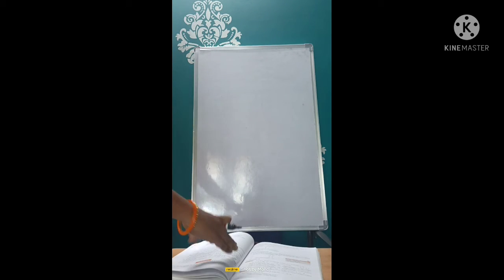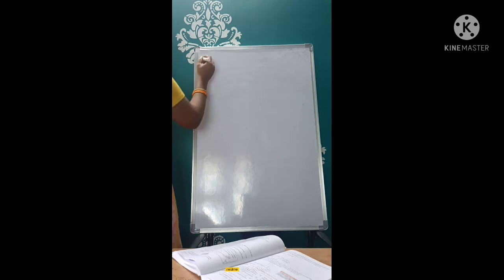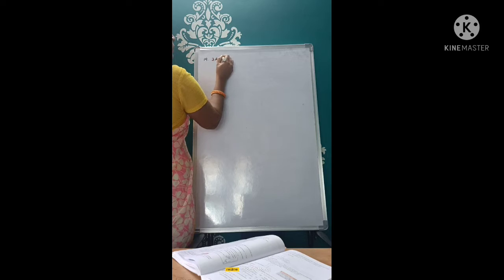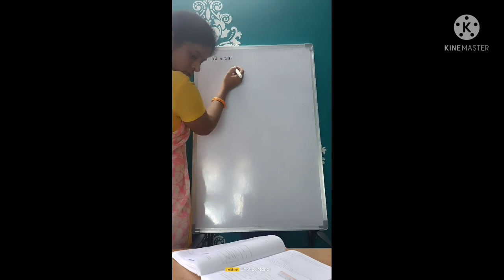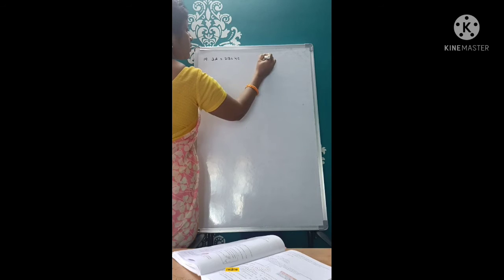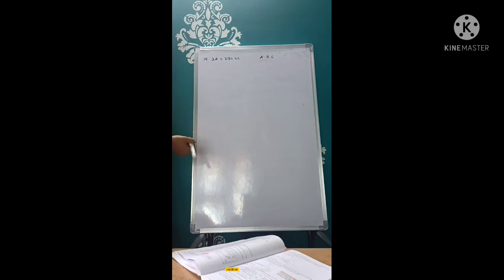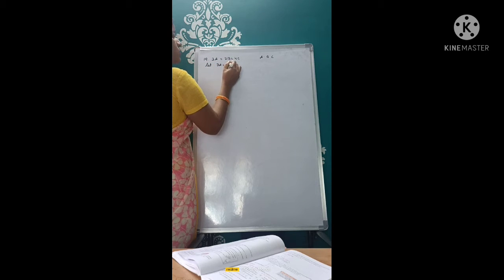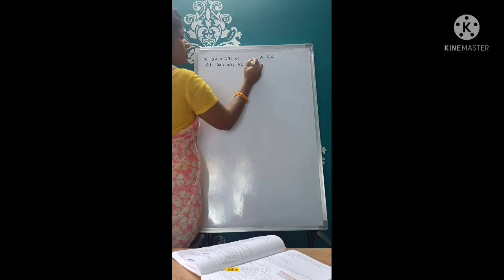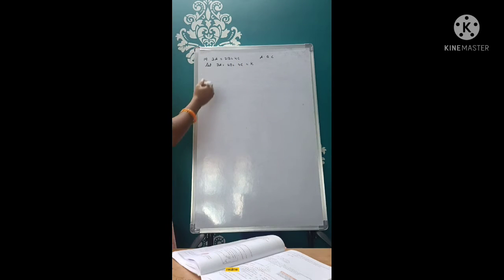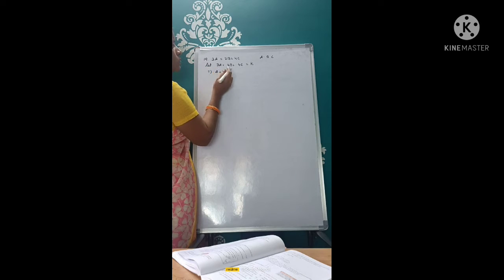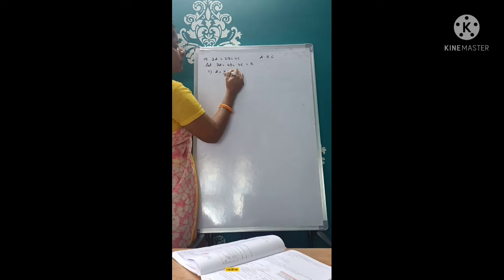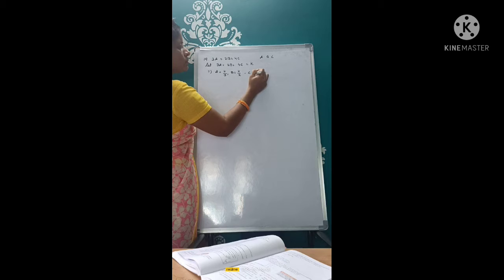Let's see the next question number 19. So given 3A equals 2B equals 4C. So we have to find out A is to B is to C. Okay. So let 3A equals 2B equals 4C equals some K. So from this A equals K by 3, B equals K by 2, C equals K by 4.